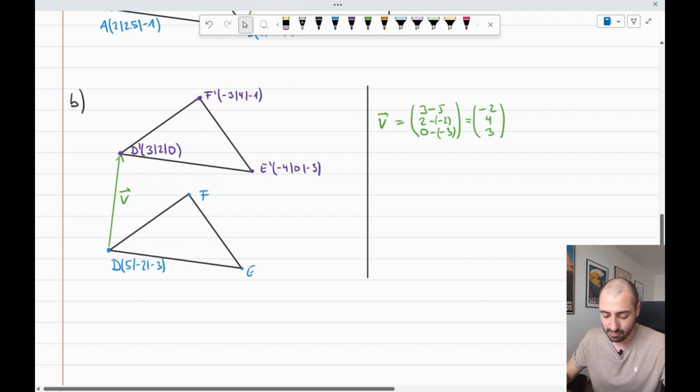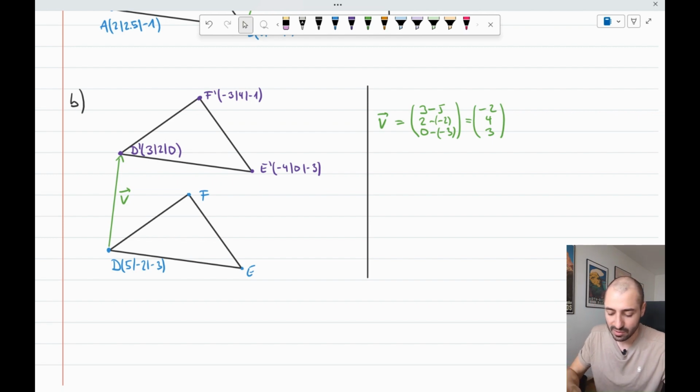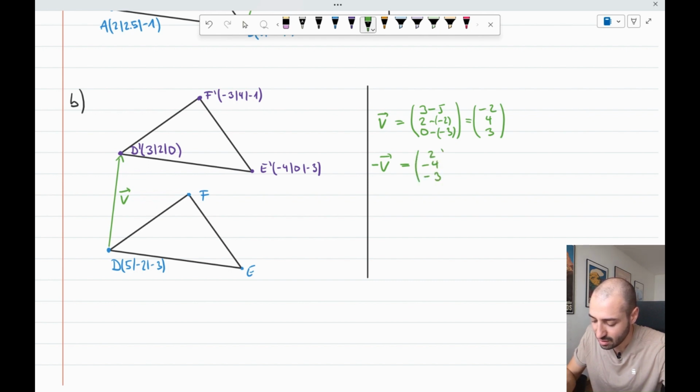Now, all we have to do is subtract this displacement vector v from F prime and D prime to get F and D. And what we can also do is look at it in a way that we say, if v displaces D to D prime, then the opposite vector minus v will displace D prime to D. So we can look at the opposite vector minus v, which is 2, minus 4, minus 3.